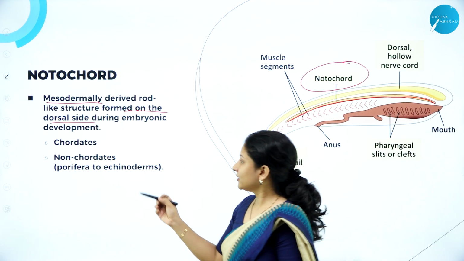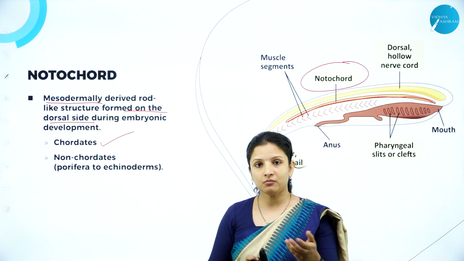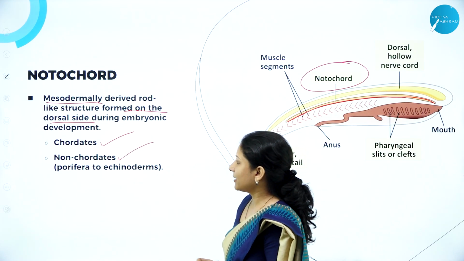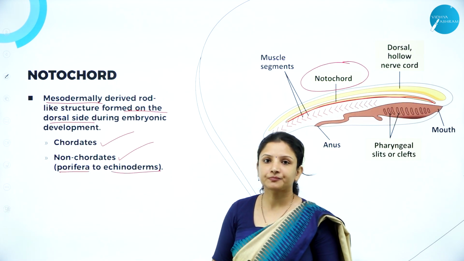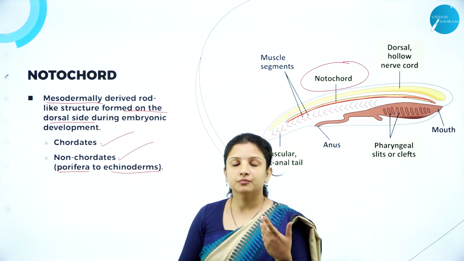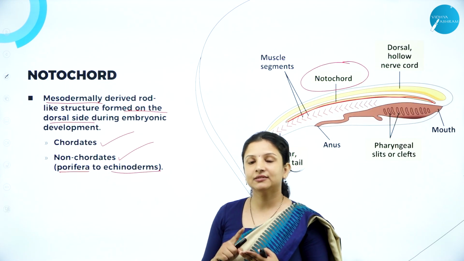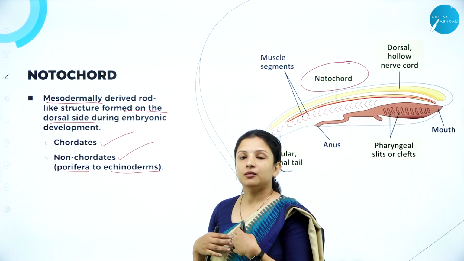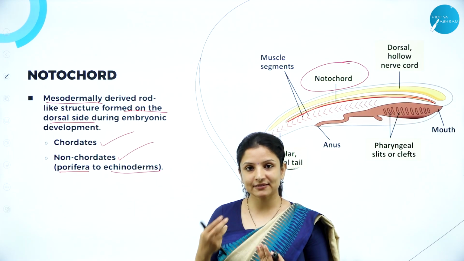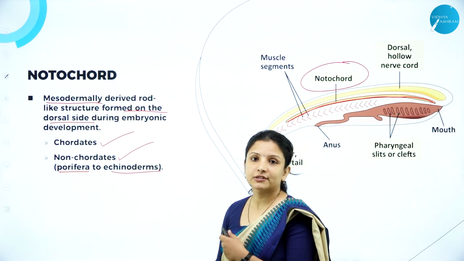If they have a notochord, they are placed under chordates, which later develops into a backbone, and those which do not have a notochord are put under non-chordates. Best examples are porifera, echinoderms, aschelminthes, annelids and hemichordates. Porifera, aschelminthes, coelenterates, cnidarians, annelids, platyhelminths, almost all of those come under non-chordates. Under chordates we have classes like aves, mammalia, amphibians, all of those. So this is about notochord.